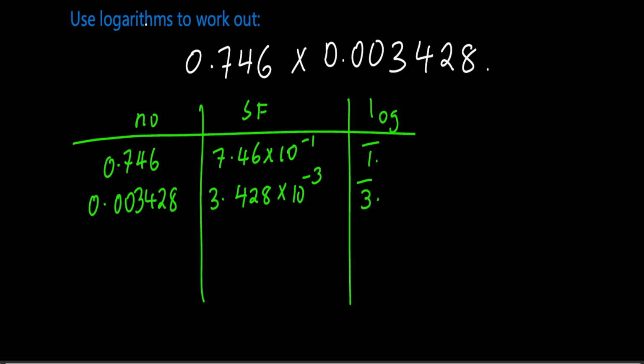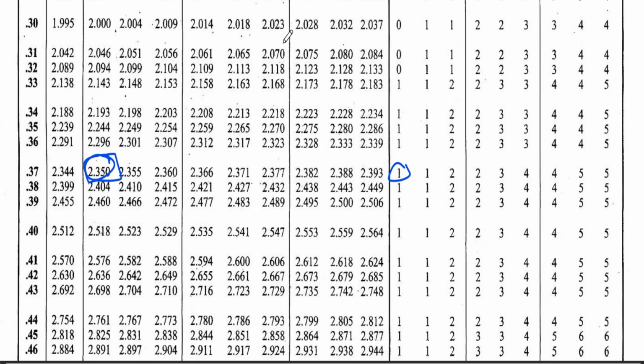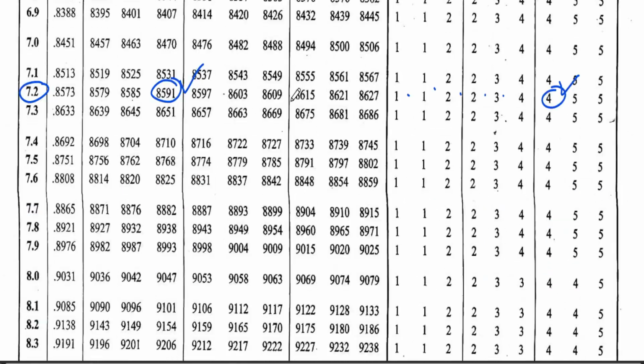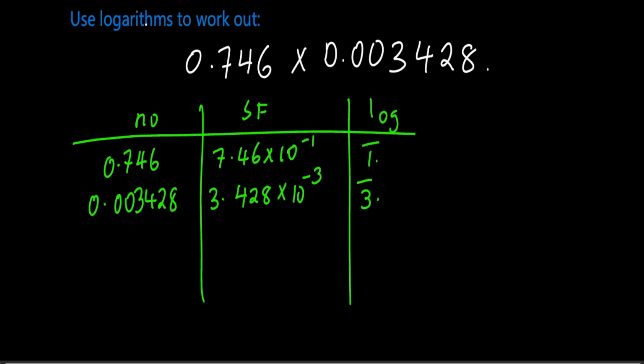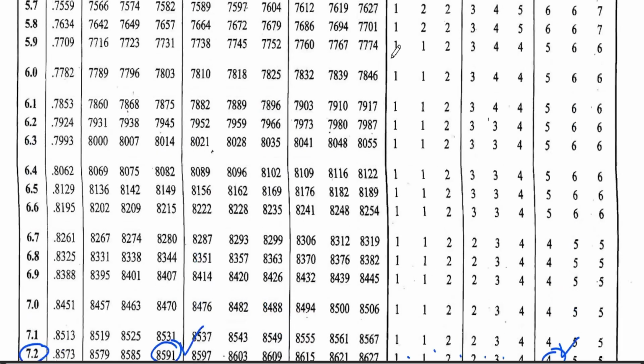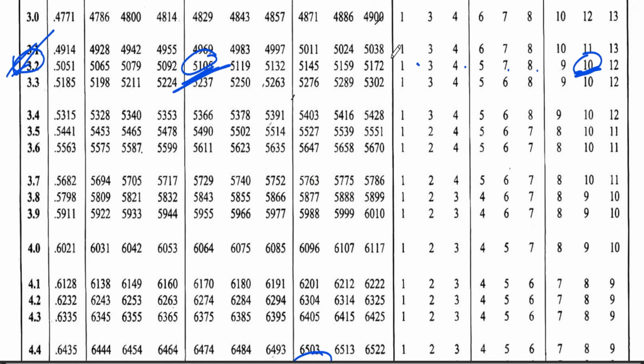Now let's search for the log of 7.46, which is 7.4 and then 6. 7.46 gives you 8727. For 3.428, search for 3.4, then 2, and 8. You take 5340 and add 10, which is 5350.